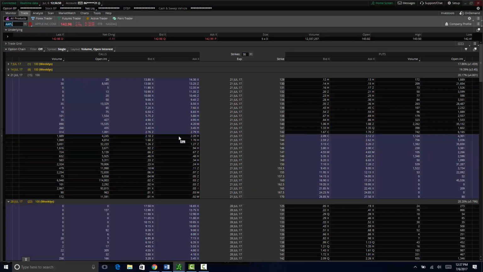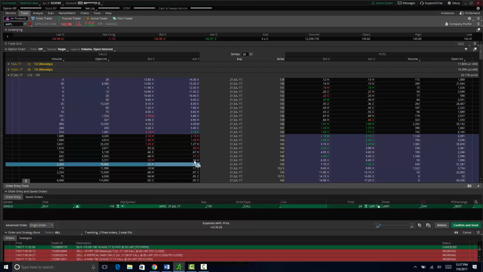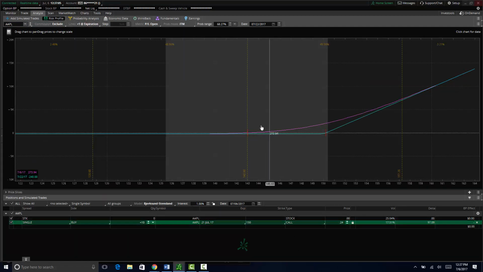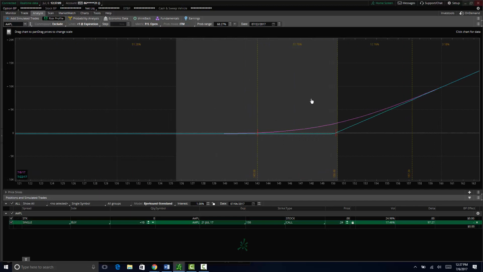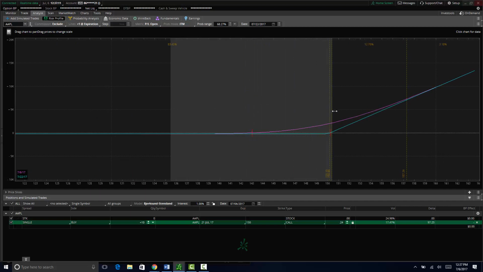So instead of buying these 150 call options that are going for 24 cents, that have a low probability of working, I can actually analyze to see how low a probability it is. Literally only about a 15% chance of that trade actually working.